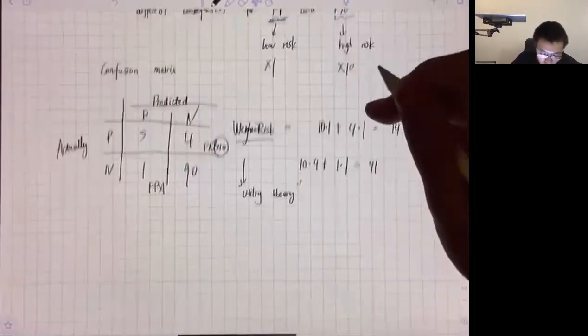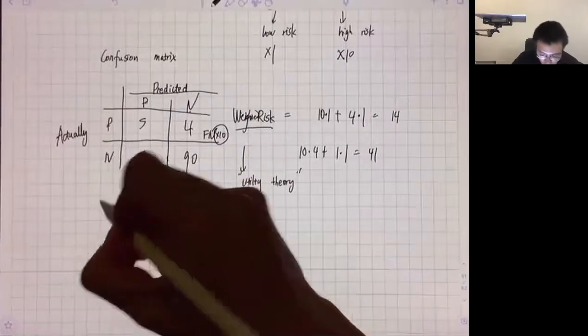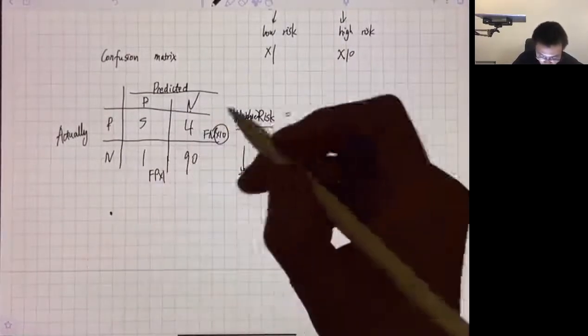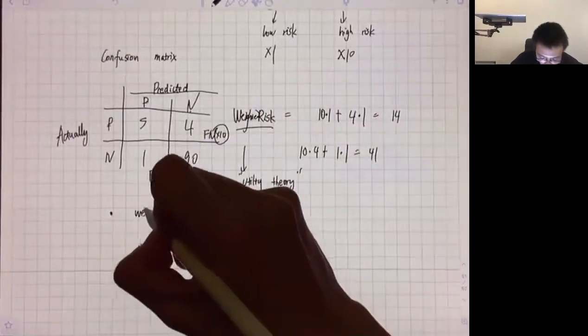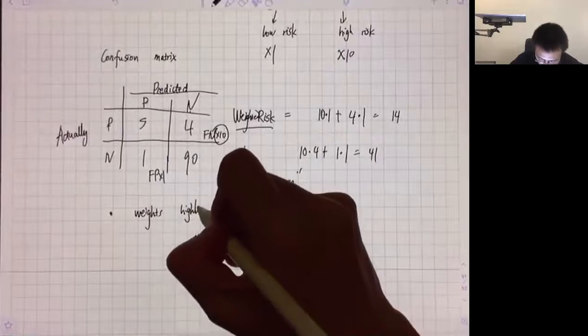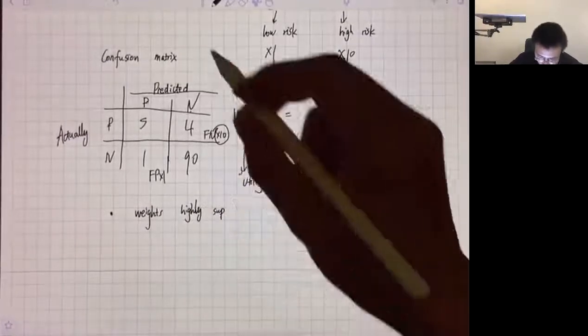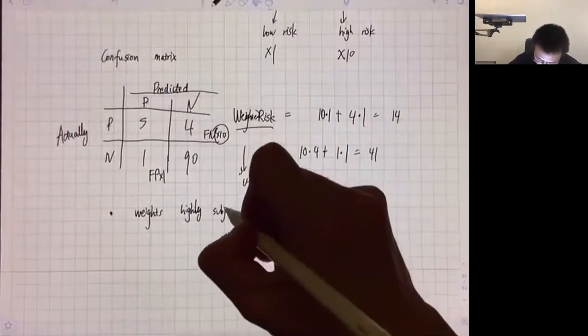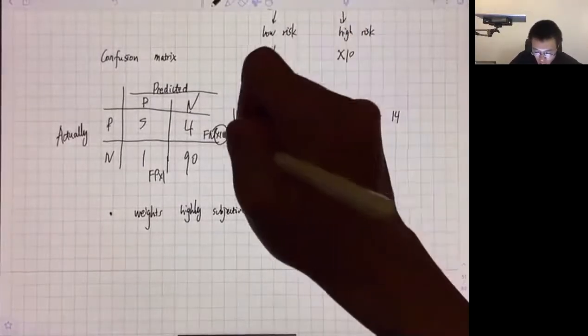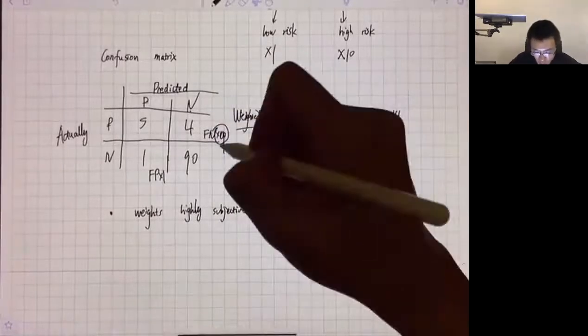But the issue is, if I do things like this, the difficulty is that the weights are highly subjective. Why not say it's 9, not 10, or maybe it's 11?